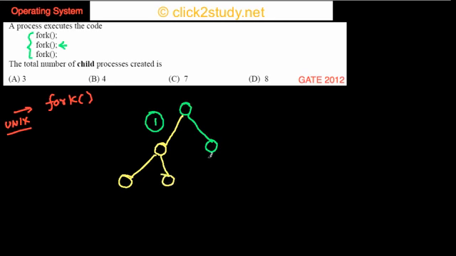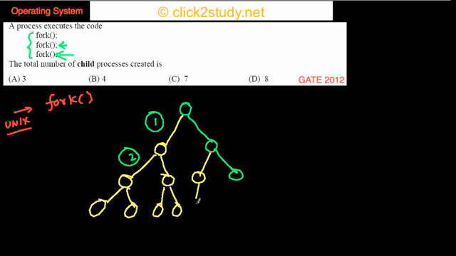I'm making this green and this yellow to show that the green is the initial parent process that continues. This was done on the second fork, and then if the third fork is made, you do the same thing for all of them. So you have one more out here, one like this, and one like this, and the parent continues, and this was on the third fork.